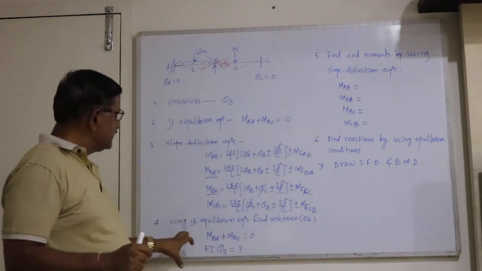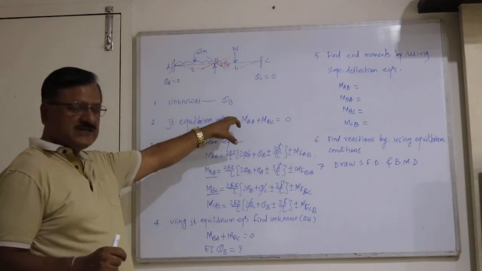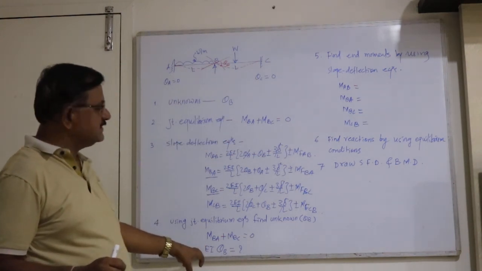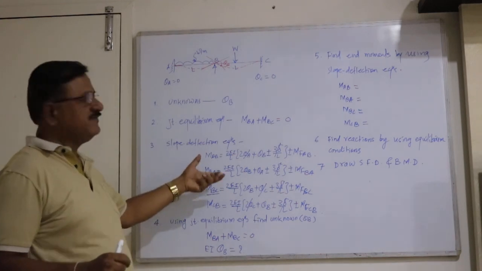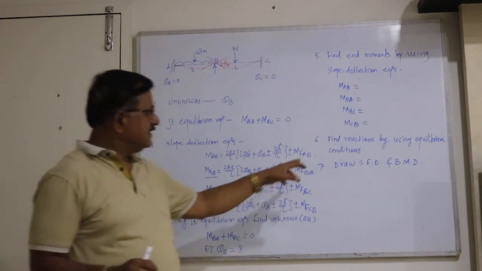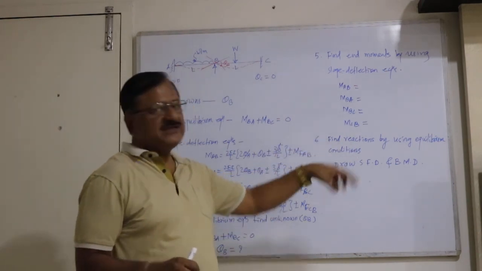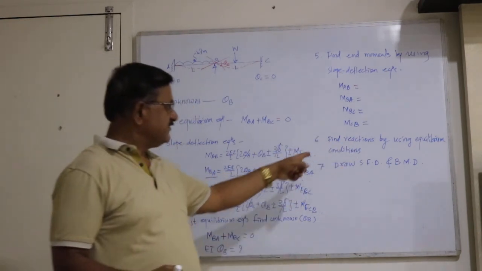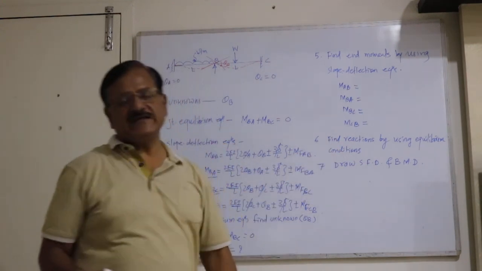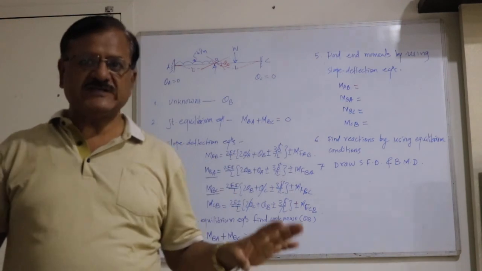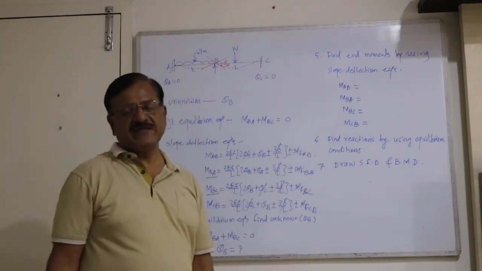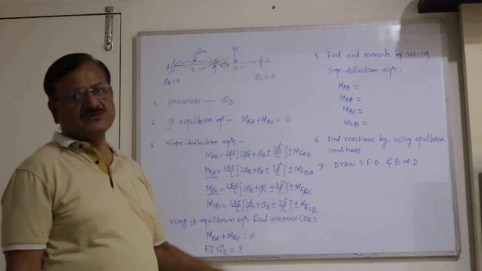Then using the joint equilibrium equation, find out theta B, and substituting theta B back into the slope deflection equations, find out end moments. Then by using equilibrium conditions, find out support reactions. And finally, draw SFD and BMD.